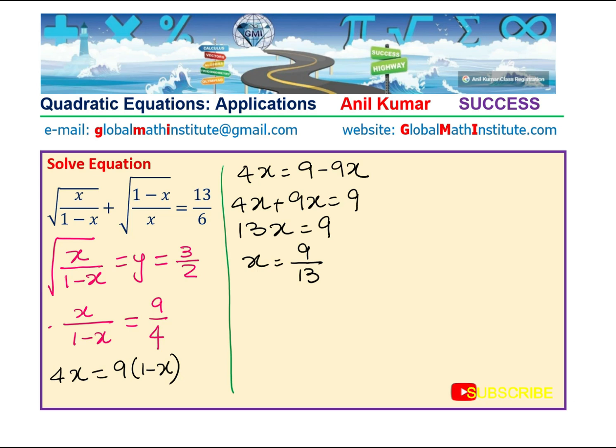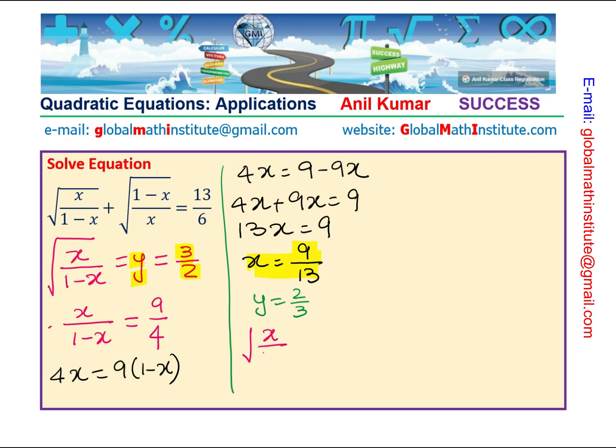So that becomes one of the solutions. Since we took y as 3 by 2, we got one of these solutions. Now, let's find what happens when y is equal to 2 over 3. In that case, the equation will be square root of x over 1 minus x equals 2 over 3.